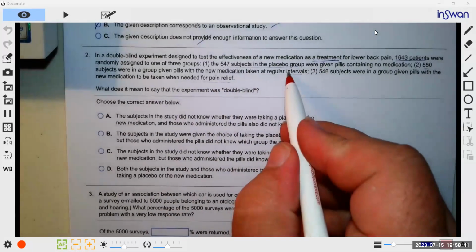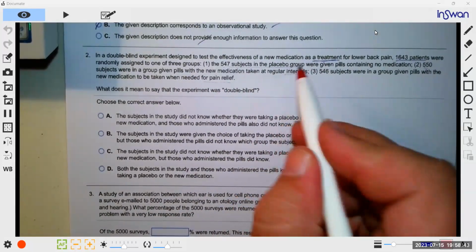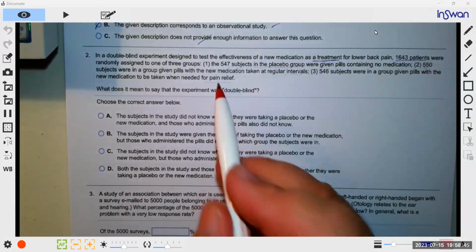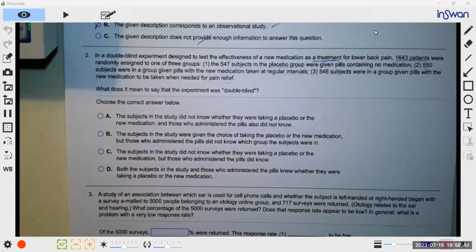At regular intervals, it's always in your body, as opposed to this one, it's only when needed.